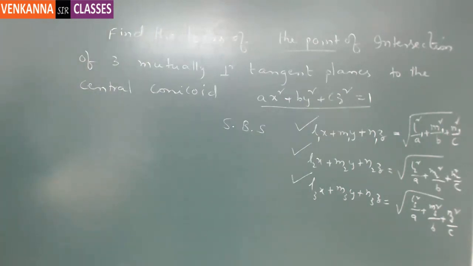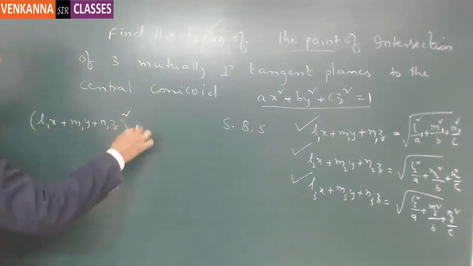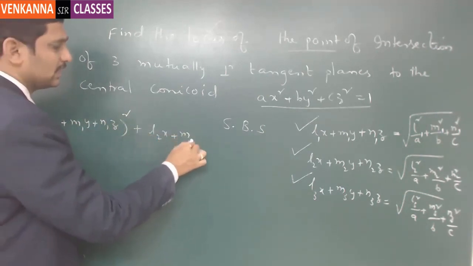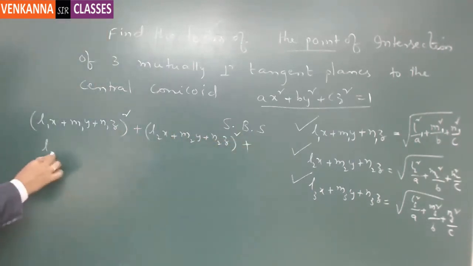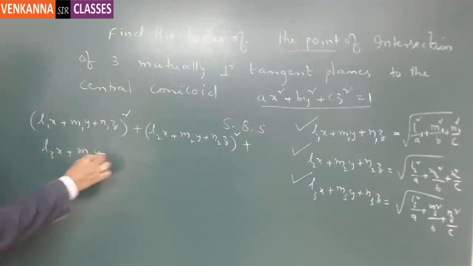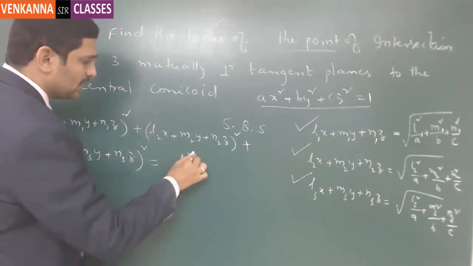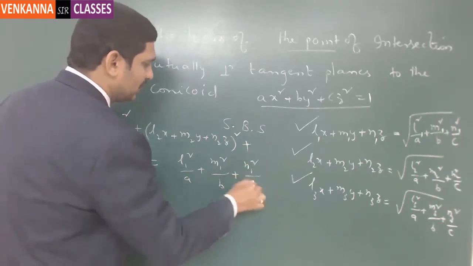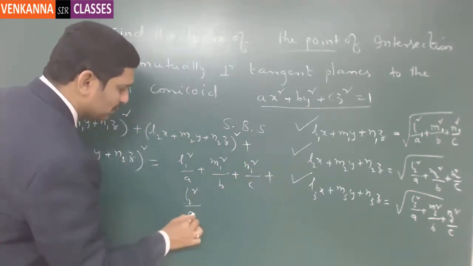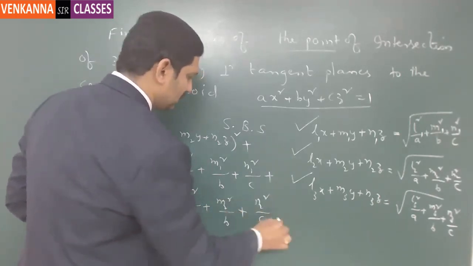So what you will get is (L1x plus M1y plus N1z) whole square plus (L2x plus M2y plus N2z) whole square plus (L3x plus M3y plus N3z) whole square equals L1 square by A plus M1 square by B plus N1 square by C plus L2 square by A plus M2 square by B plus N2 square by C, and again plus the third terms.